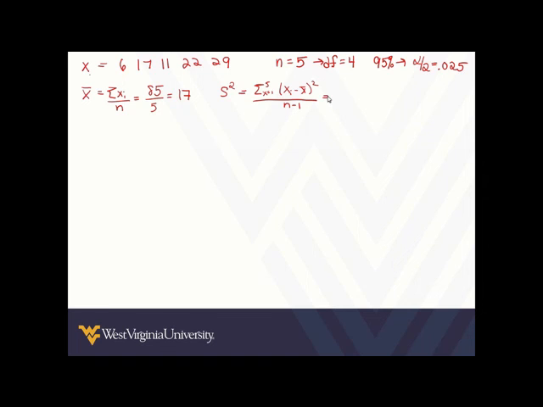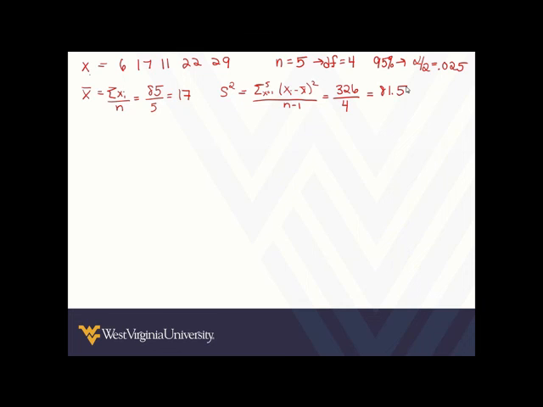And I will tell you that that summation is equal to 326. I'll leave you to calculate it by hand on your own. Divided by 4, 5 minus 1 is 4, and this gives us a sample variance of 81.5, or a sample standard deviation of 9.027735.